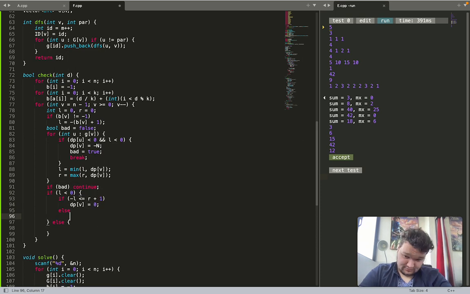Otherwise, dp of v is L plus 1, minus L minus 1. Why is that? Because this long path doesn't fit in the largest space we can give in the son, so it has to go up, but we have spent one vertex here, so yeah.